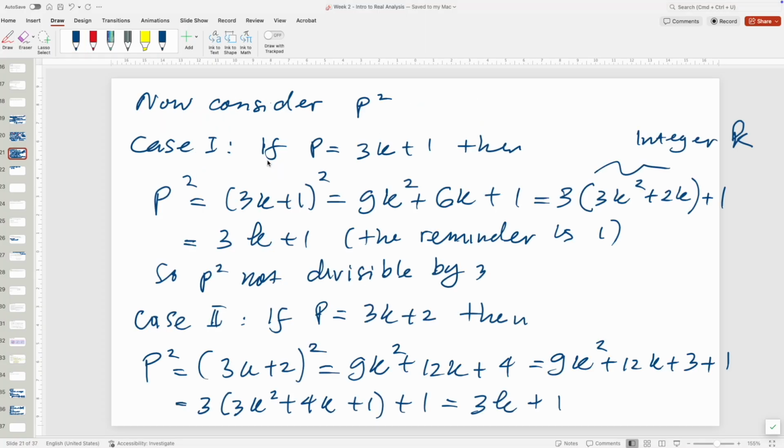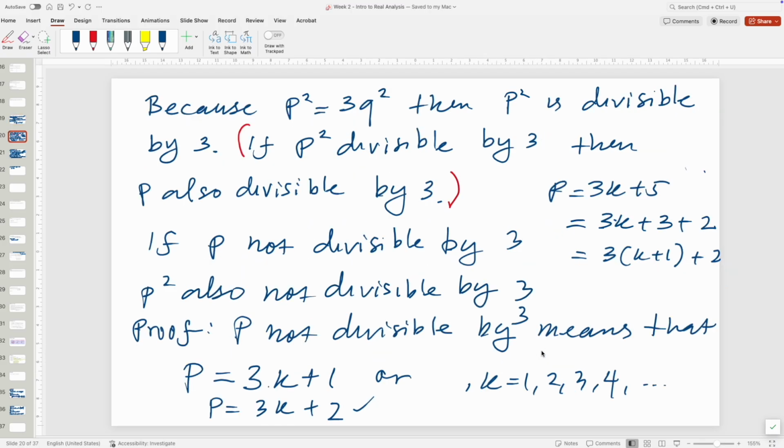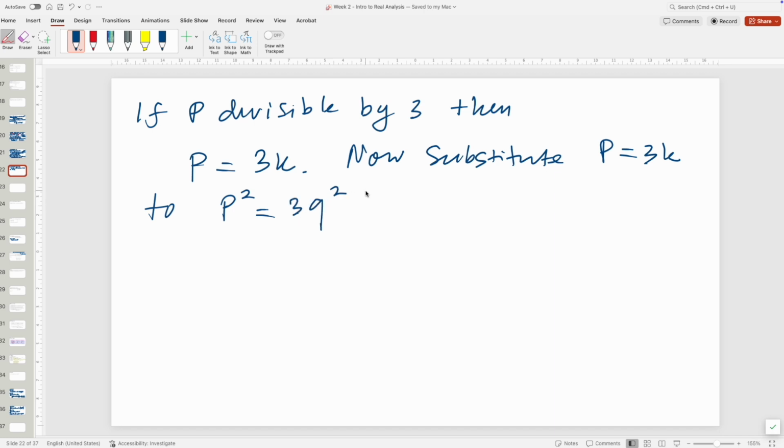Okay? What next? Now, substitute here. If p equals 3k, what again? Now, substitute p equal 3k into p square equal 3q square.